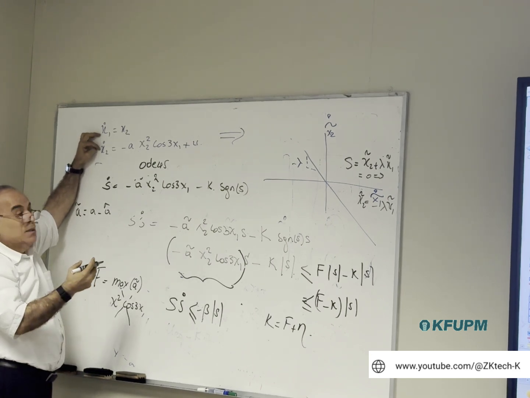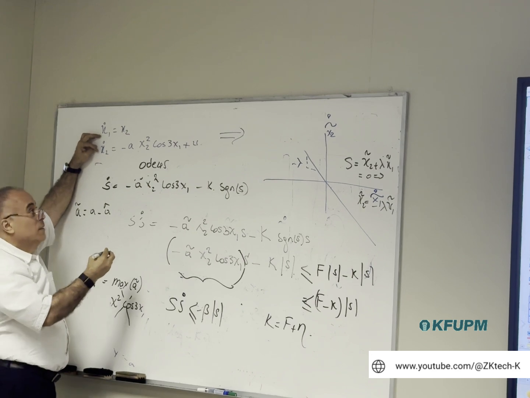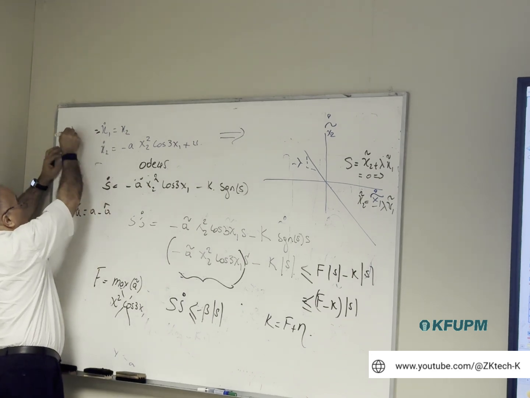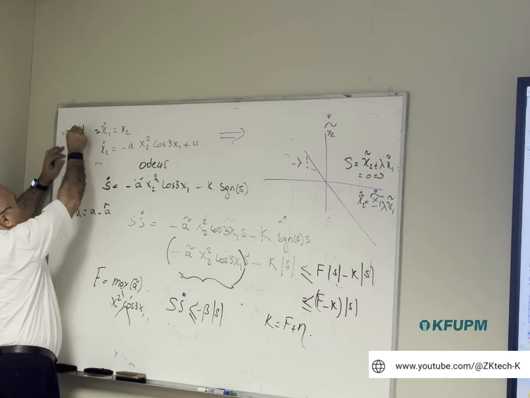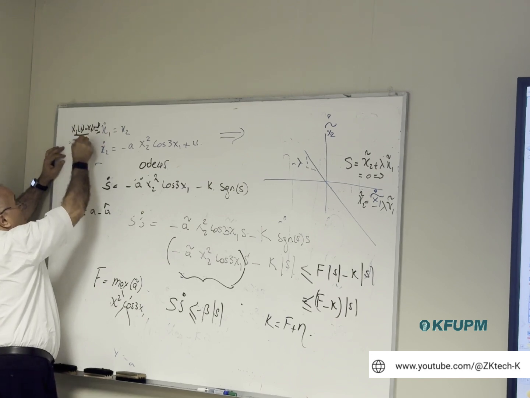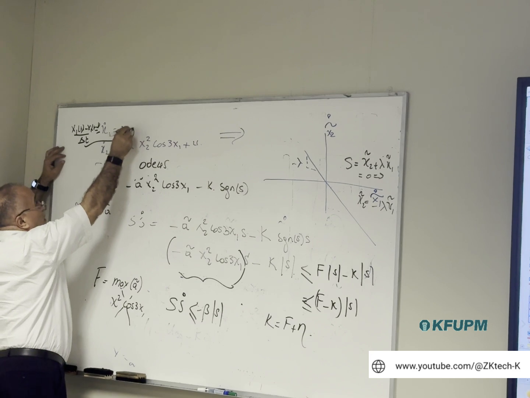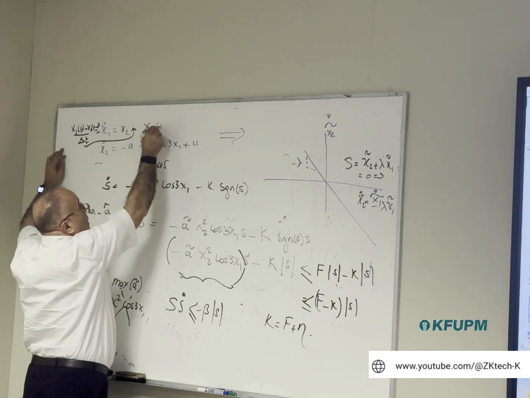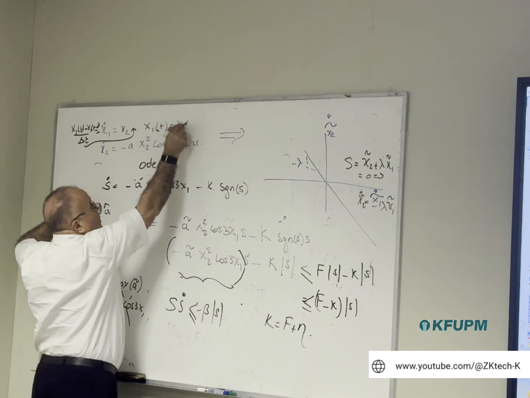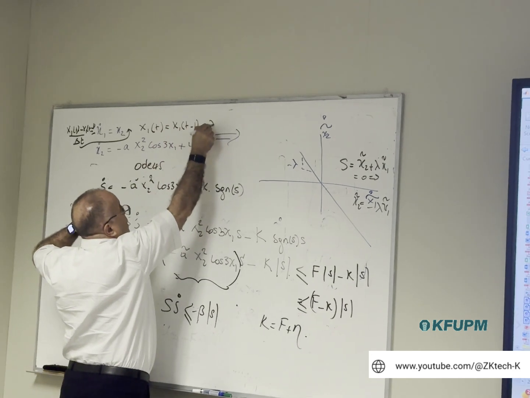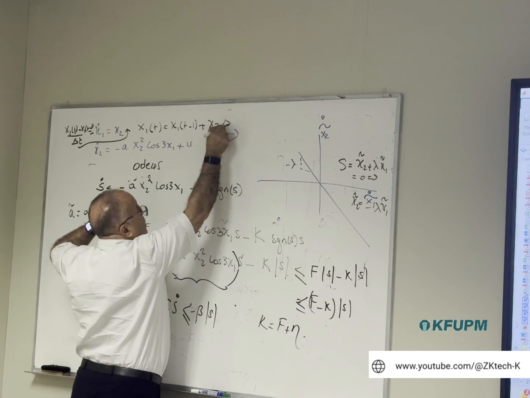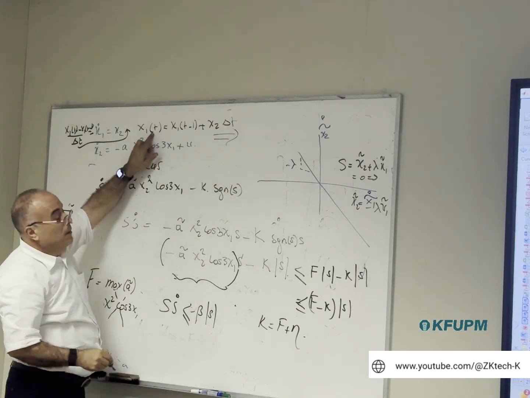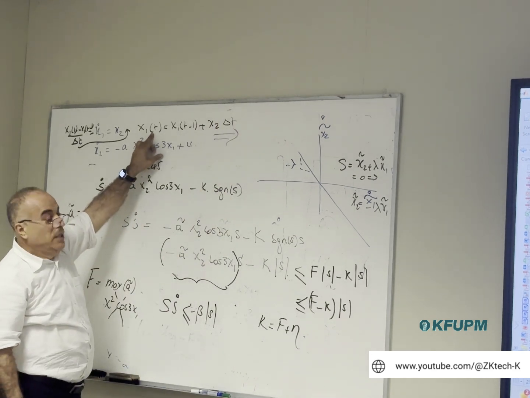But to make it simple, I just used Euler approximation. So I said that this is equal to x1 of t minus x1 of t minus 1 divided by delta t. And then I multiply by delta t here. And then x1 of t is equal to x1 of t minus 1 plus x2 times delta t, which is the sampling period. All right?